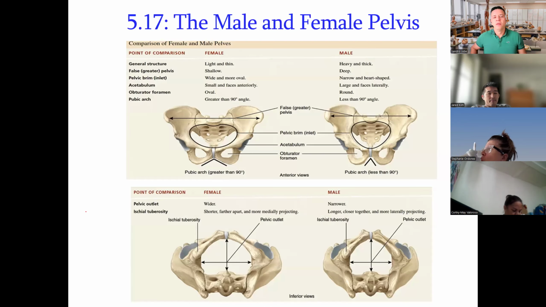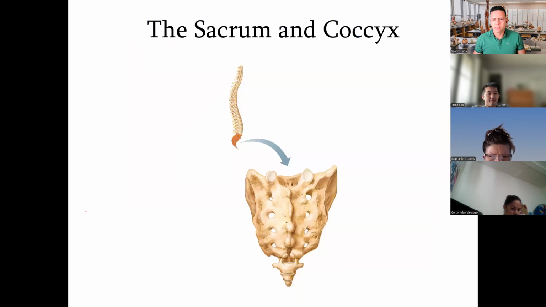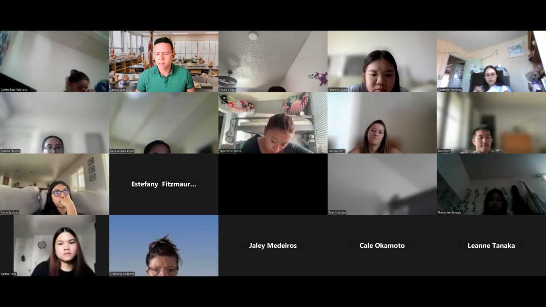All right, moving on. Let's talk about the pelvis now. Actually, this slide here is misplaced. Sorry, I'm going to get back to this slide here. I don't know why. Give me a second here.